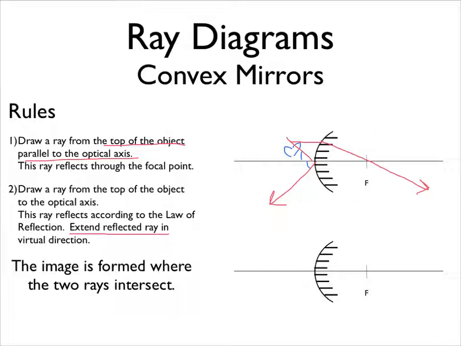So we're going to extend it this way to see where those two rays are going to intersect, because clearly these two rays are not going to intersect in the normal direction. But when we extend this ray in the virtual direction, then we do get an intersection of those two rays. It's again above the line, so it's still upright. And there would be our reflected image.